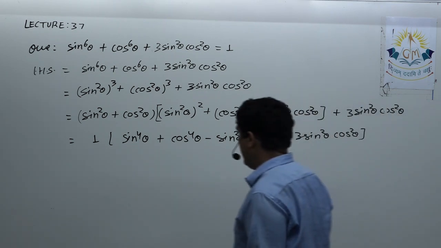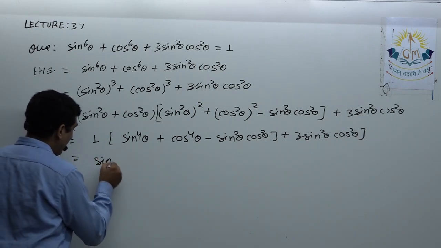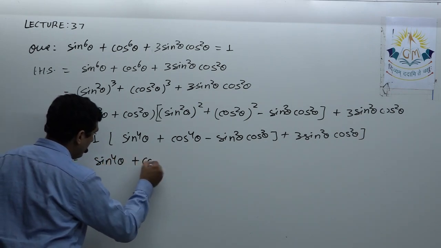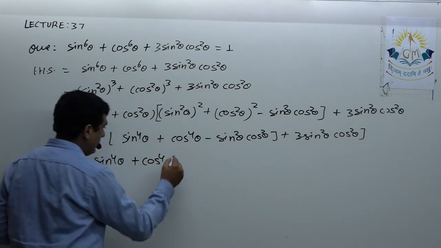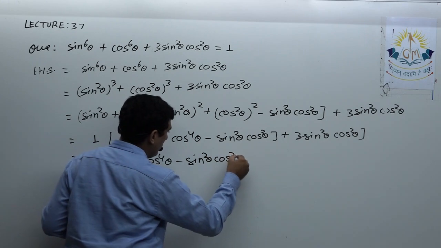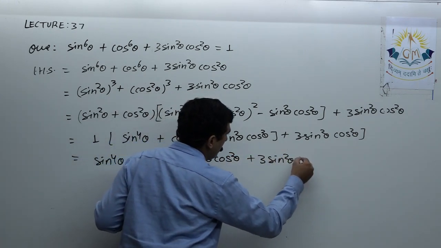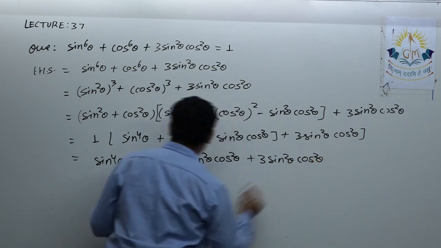Okay, now let us see how to solve it further. So here I have sine raised to 4 theta plus cos raised to 4 theta minus sine square theta cos square theta plus 3 sine square theta cos square theta.